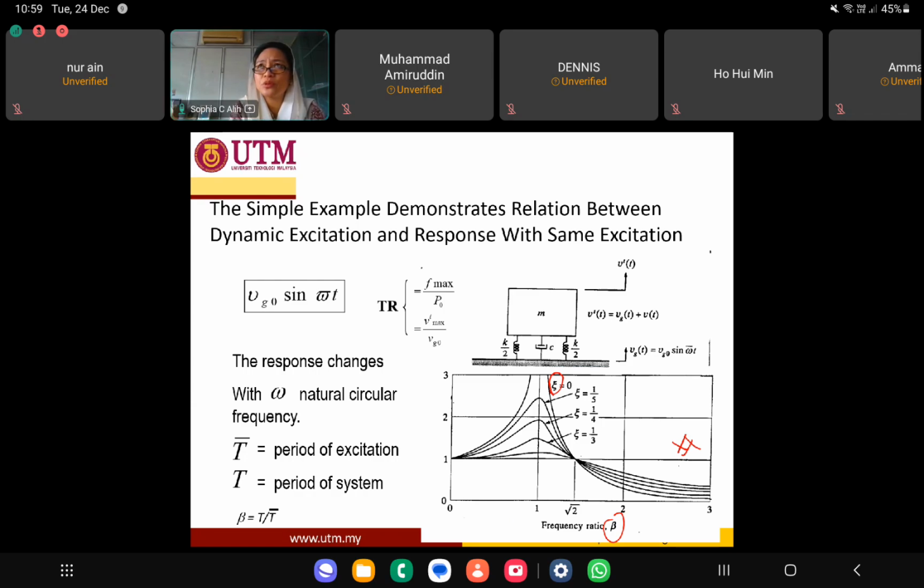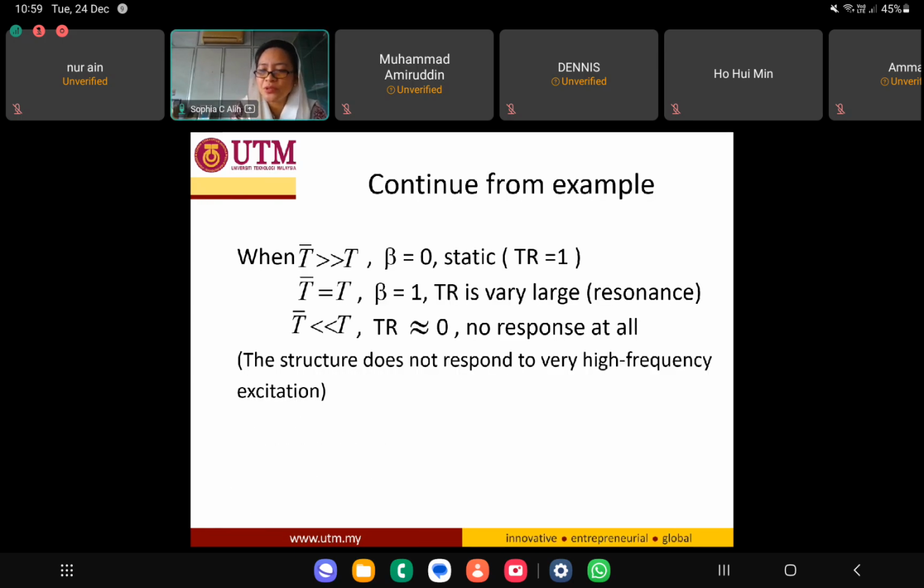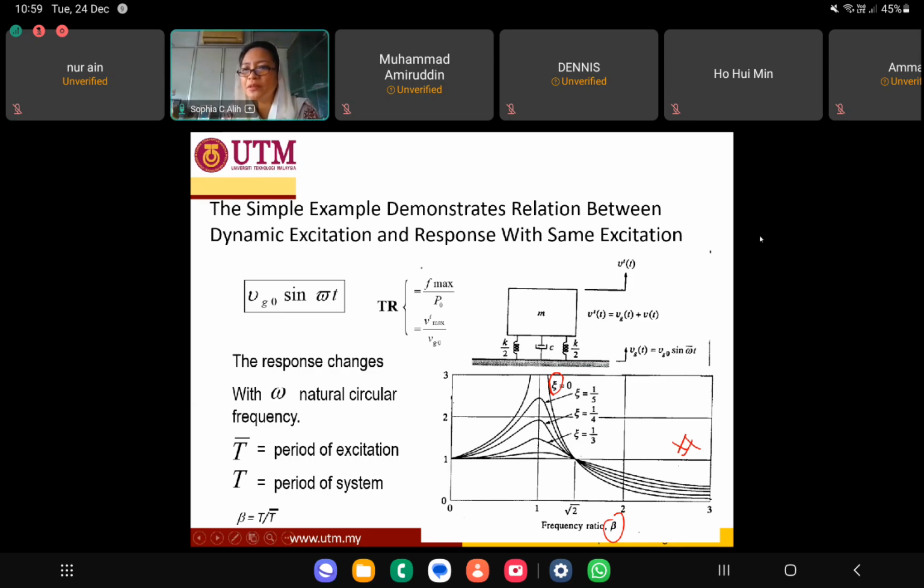When you do your structural dynamics, in which part of your structural dynamic calculation do you use your damping ratio? Can anyone share with me, just to refresh our memory? Haris, where are you? Can we hear from Haris? Is Haris around?